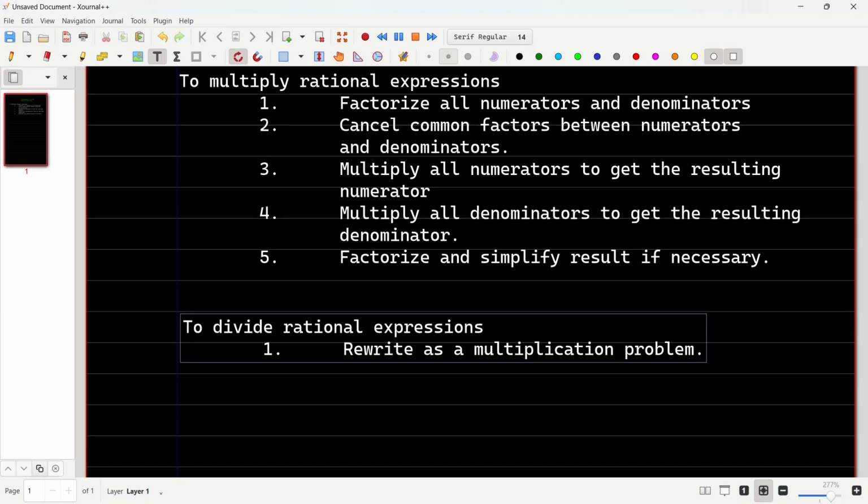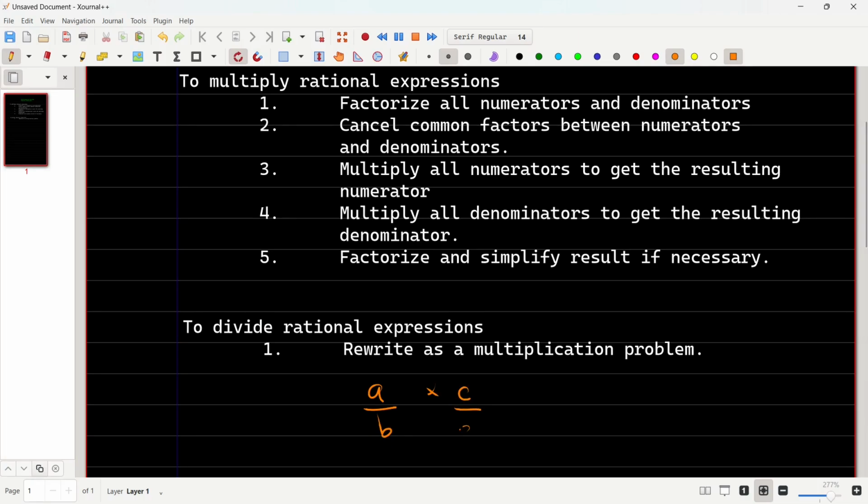And you know how to rewrite as a multiplication problem. So say, for example, if we have a over b divided by c over d, then this here would be rewritten as a over b multiplied by d over c. And that's all you have to do there.